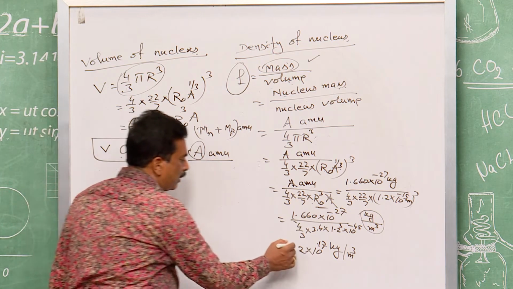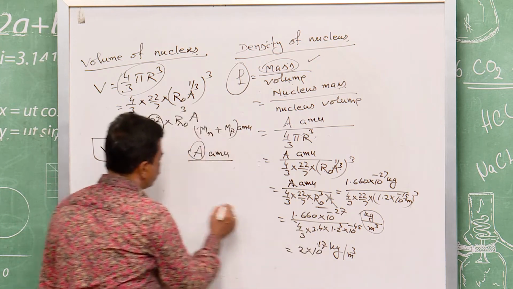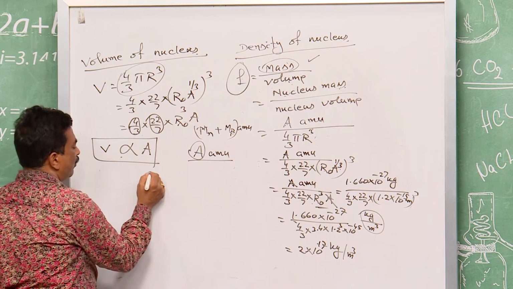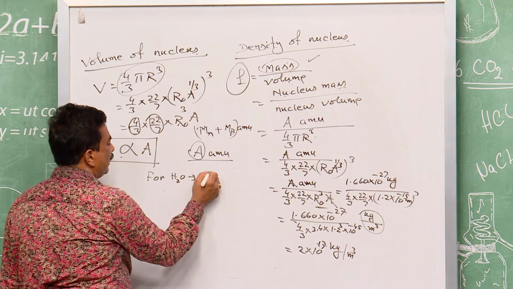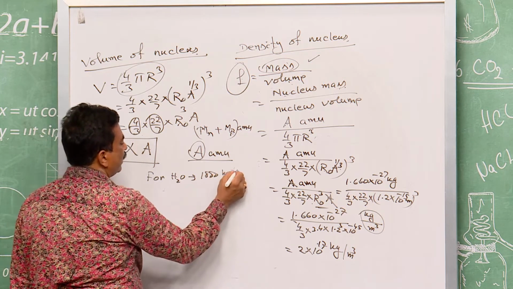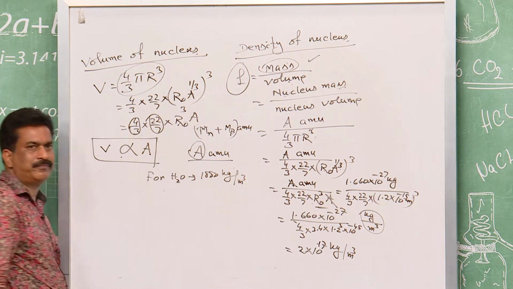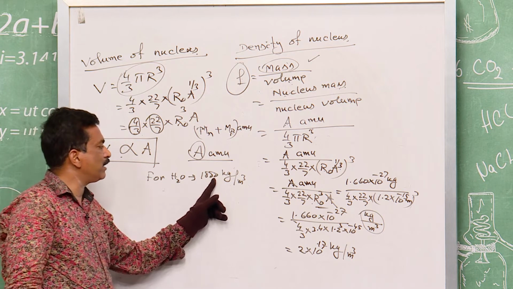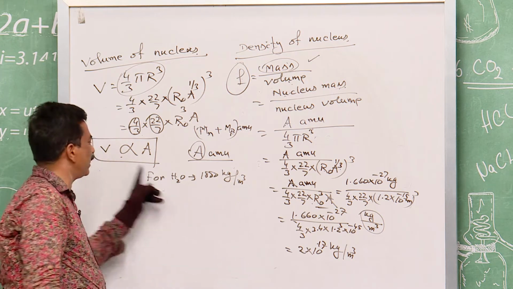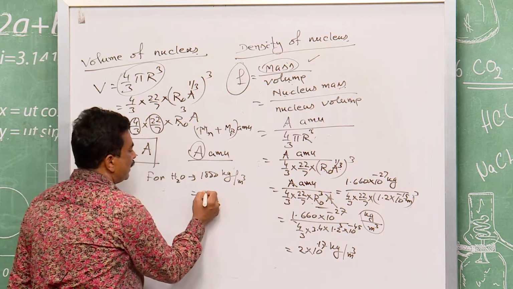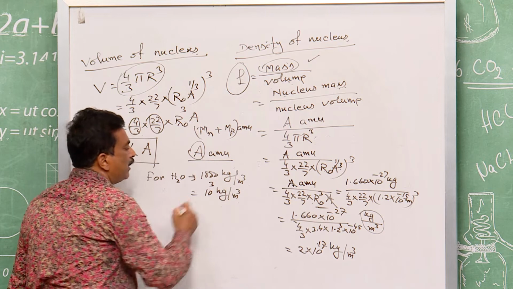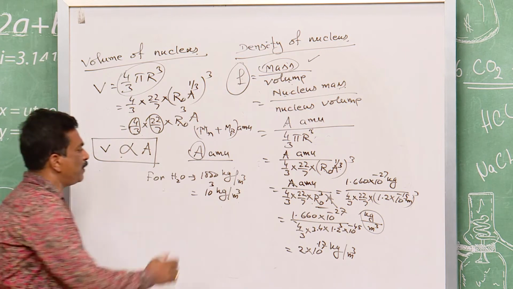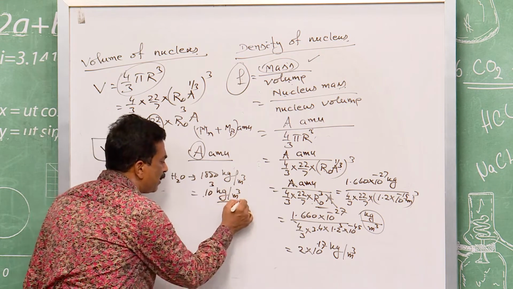So, 2 into 10 to the power of 17. Just observe, for water the density is 1000 kg by meter cube. For water, that is 1000 kg by meter cube, that is 10 to the power of 3 kg by meter cube.